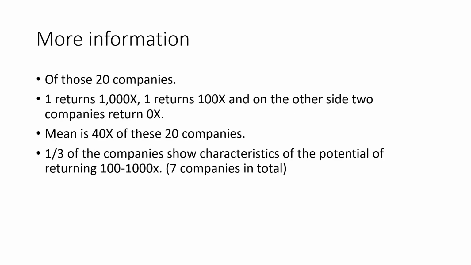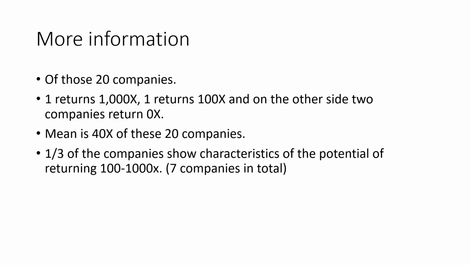So a little bit more information. Of those 20 companies, one's going to return 1,000x, one's going to return 100x. And on the other side, two companies return 0x. Those are in our high risk area. The mean of all of these is 40x of the 20 companies.